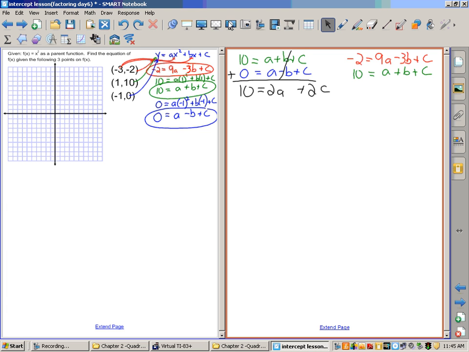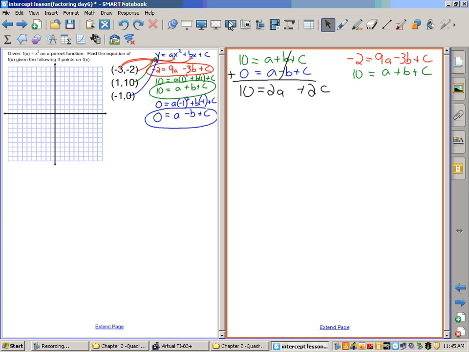Now I only have one huge rule you've got to put down in your notes. You must eliminate the same variable. So what variable are we forced to eliminate with the green and the red equation? The b.